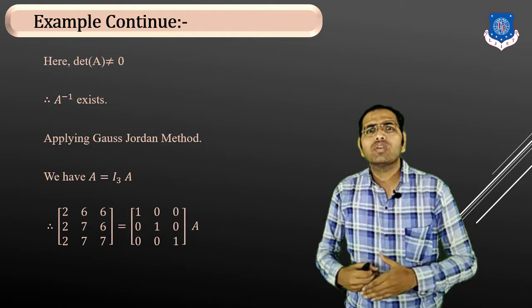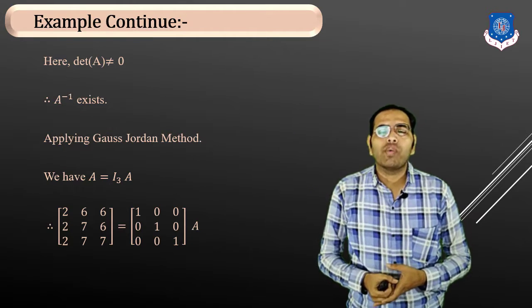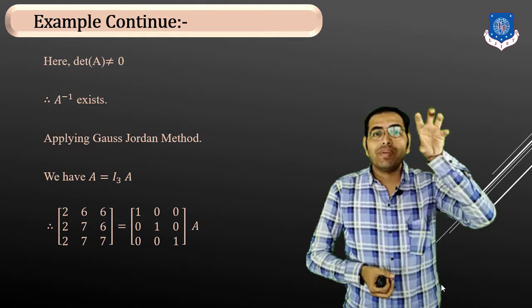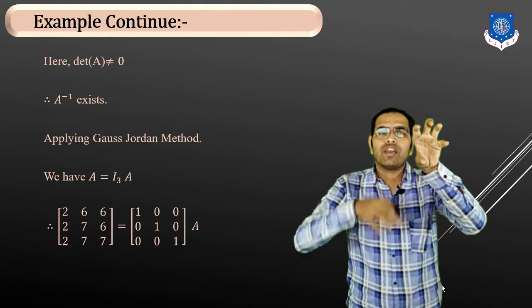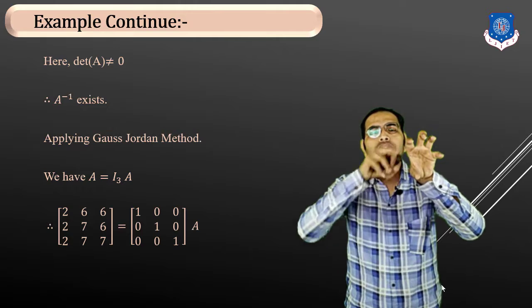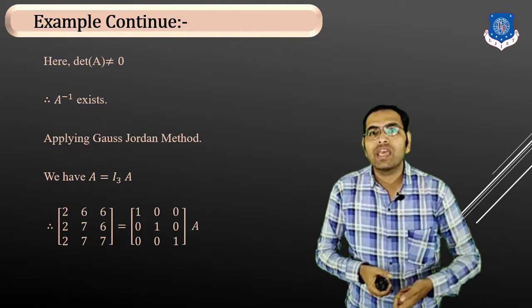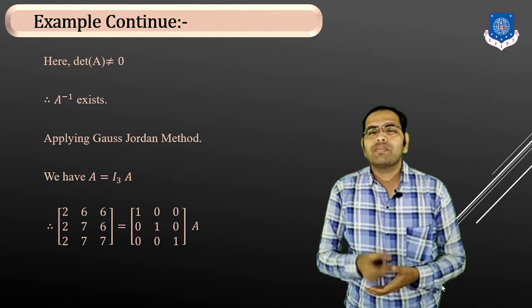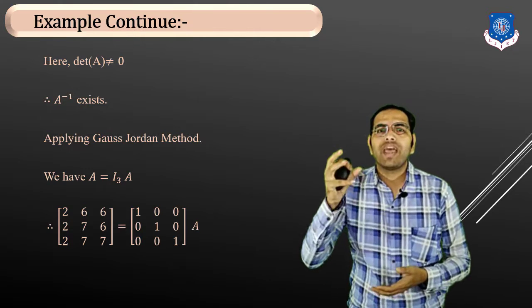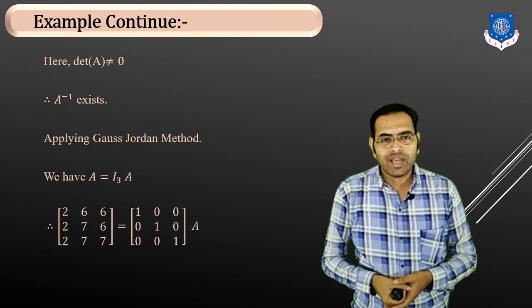On reducing to the reduced row echelon form, at last matrix A becomes the identity matrix, and the identity matrix becomes the unknown matrix B, which equals A inverse, exactly the inverse of the matrix.